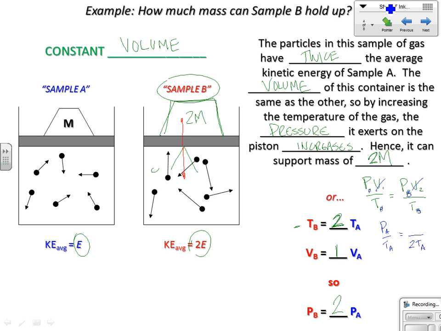That means our temperature A's go away. Well, we must have a 2 pressure A up here to make this 1 and this is now 1, right? So pressure B has to be twice pressure A. And that means we can hold up twice as much mass. Fair enough? Okay.